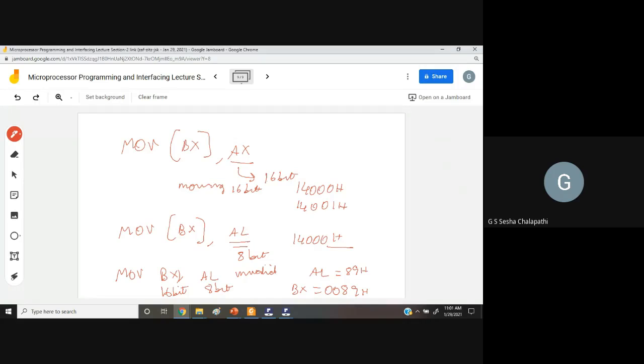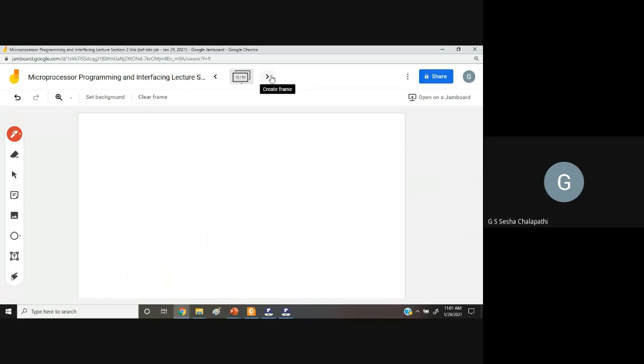By using a loop, I will be able to write this in 3 instructions rather than 10 instructions. I will say it this way: MOV [BX], AL, and then ADD BX, 2, and then I will say LOOP.